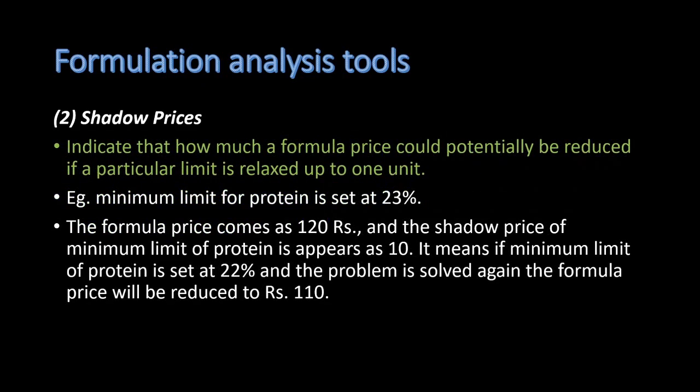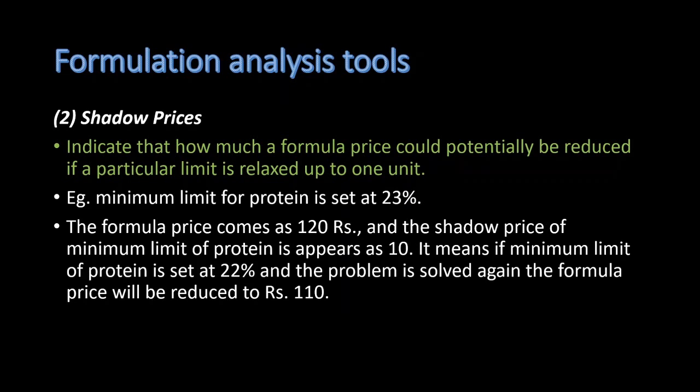So this shadow price indicates how much a formula price could potentially be reduced if a particular limit is relaxed by 1 unit. It can be easy to understand through this example. Like the minimum limit for protein is set at 23% in a formula. The formula price with this 23% protein is 120 rupees. The shadow price of the minimum limit of protein is 10.